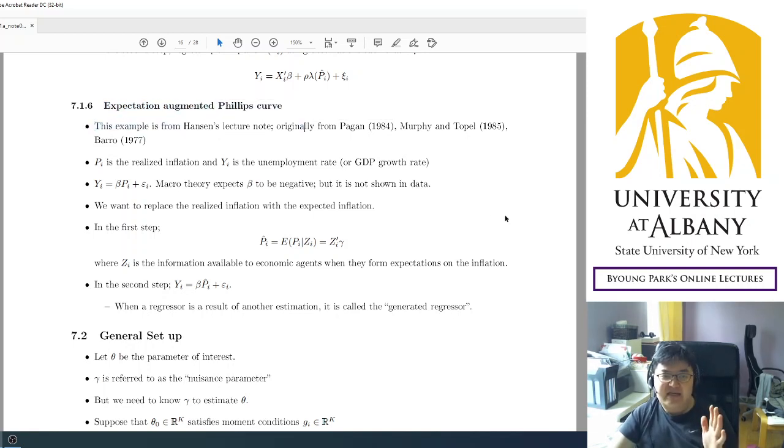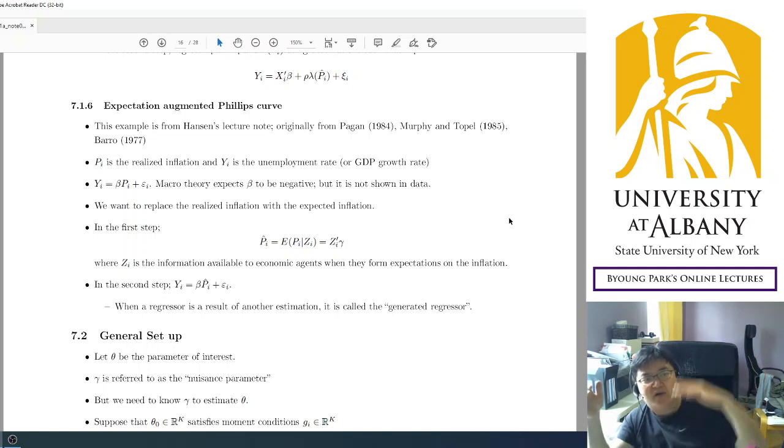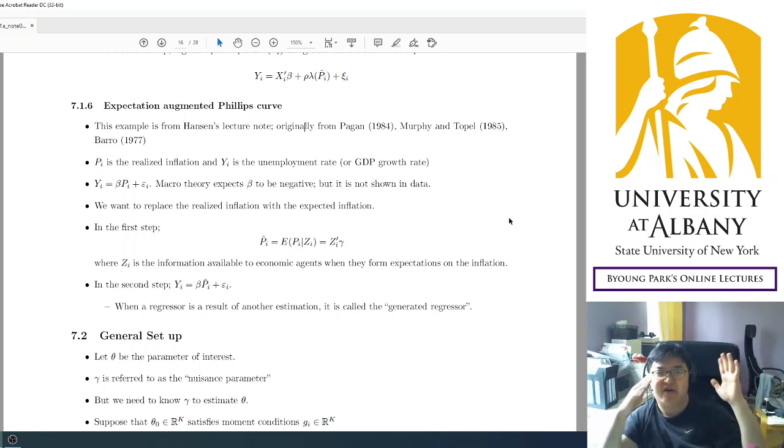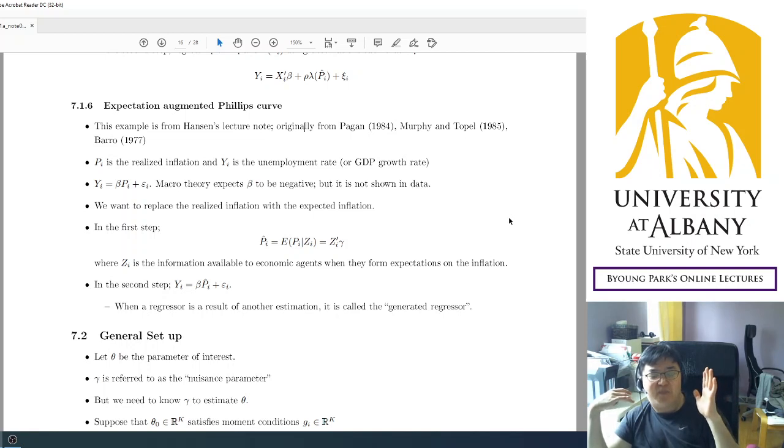The Phillips curve says when inflation goes up, unemployment goes down, and vice versa. When unemployment goes up, then inflation will go down. They have a trade-off. But the expectation augmented Phillips curve says it's not about the absolute inflation; inflation has to take into account the expectation.